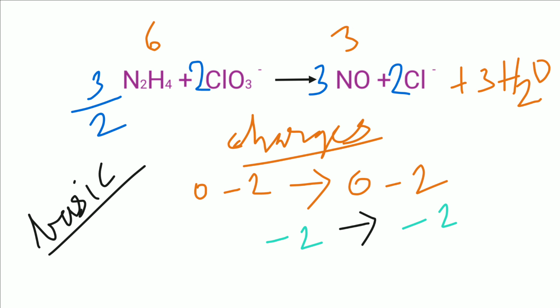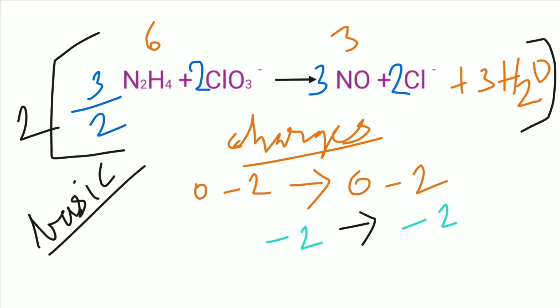Now we check the mole ratio. The hydrazine mole ratio is a fraction. As per the rule, the mole ratio must be a whole number. So in order to convert the fraction into a whole number, the whole equation needs to be multiplied by 2, the denominator of that fraction.